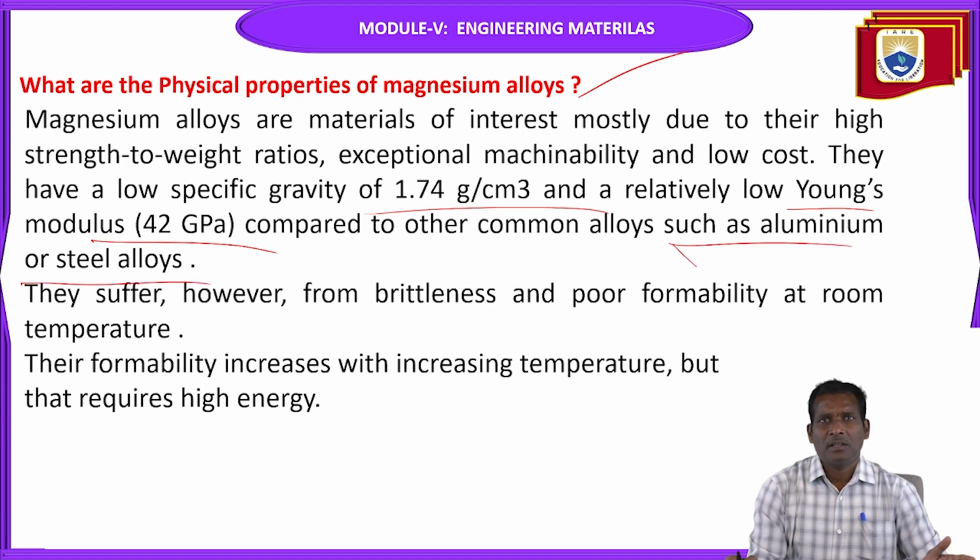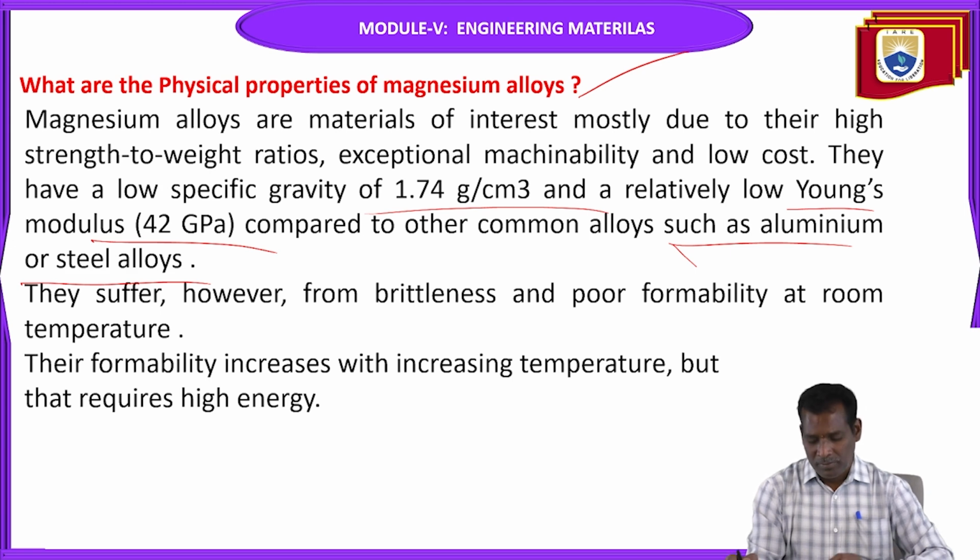They suffer, however, from brittleness and poor formability at room temperature. Their formability increases with increasing temperature, but that requires high energy. So these are the main physical properties of magnesium alloys.